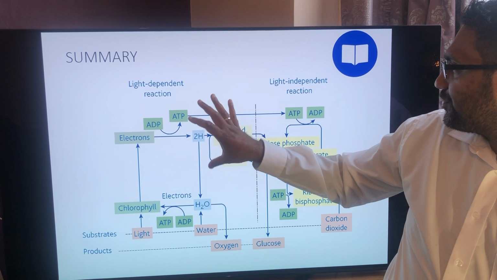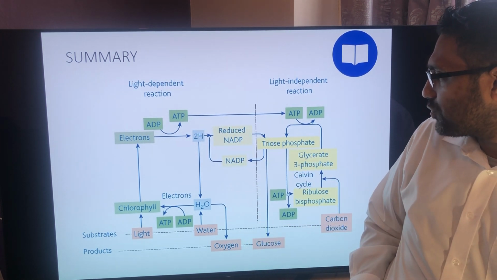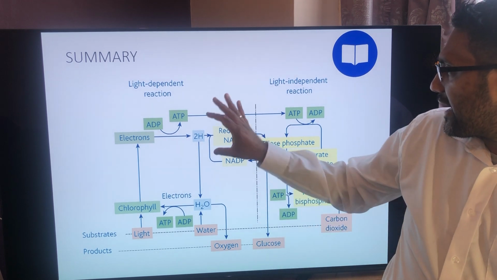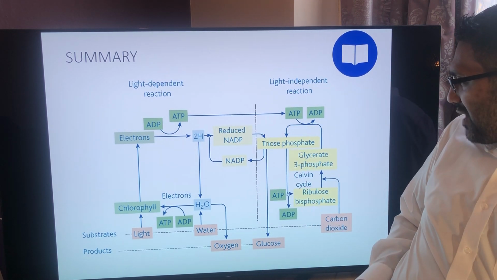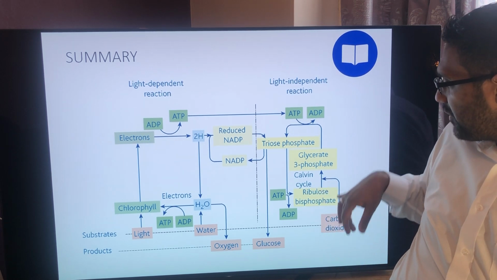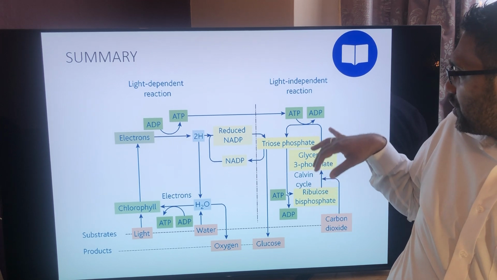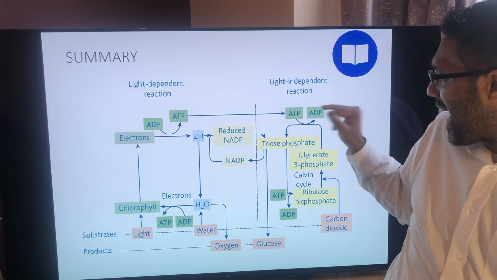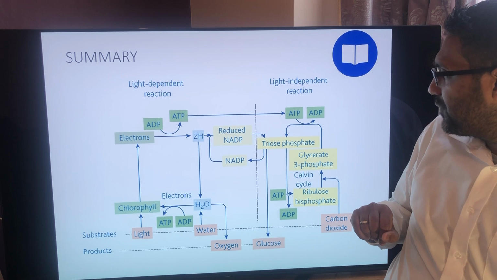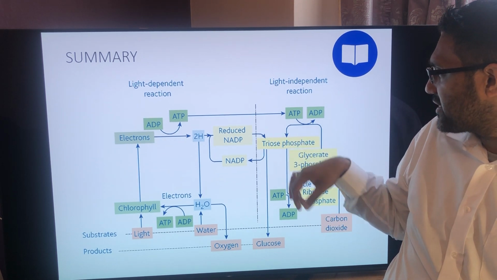So the products of light dependent reaction is ATP, NADPH or reduced NADP, and then they are used for our Calvin cycle. So we've got your carbon dioxide joining your RUBP. RUBP becomes 2 lots of GP, and then those with the use of your ATP and your reduced NADP, the GP becomes reduced to make TP.